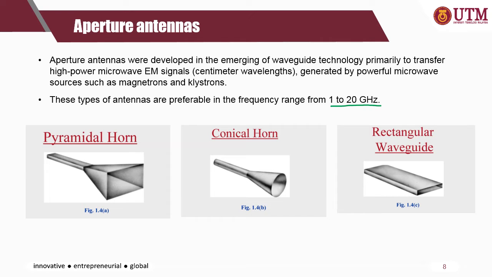We can see that there's one narrow end and one opening end, in which the electrical signal will be converted into EM wave, and the EM wave will be radiated over free space to the receiver, and at the receiving end, the signal will be collected back into the opening end and converted back at the receiver.